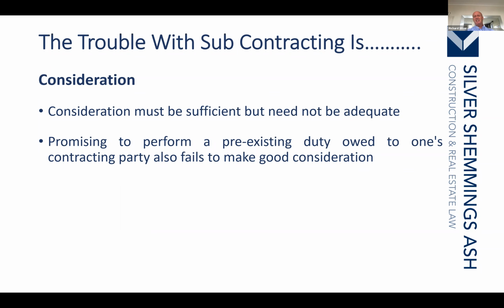But we're then into the situation of pre-existing duties. So I'm on a job and there's a contract in place that says that I am to be paid £100,000 for doing the work. I've done the work and I'm owed £100,000. And then the employer says, I'm not going to pay you.